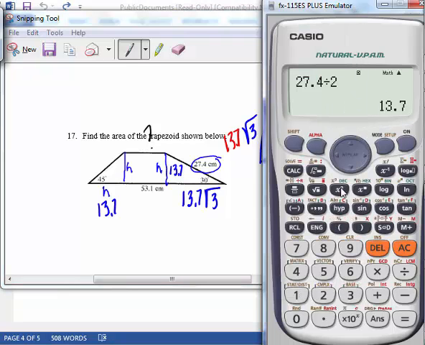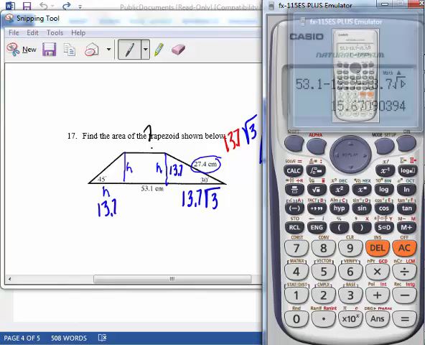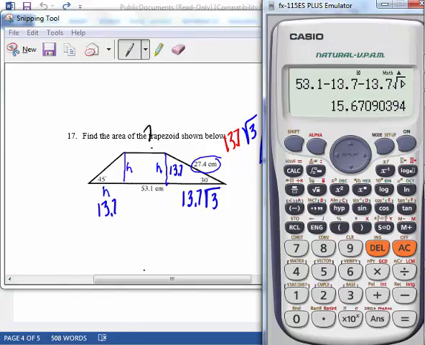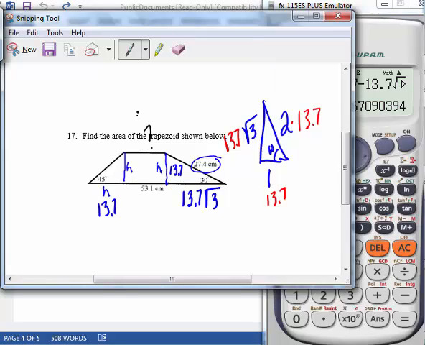So we're going to take 53.1 minus 13.7 is the area on the left, minus 13.7 square root 3, and the length of the top is 15 2/3 centimeters.